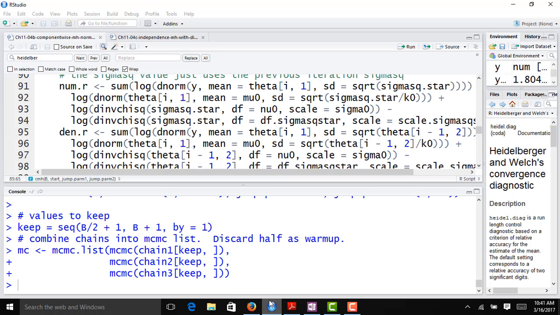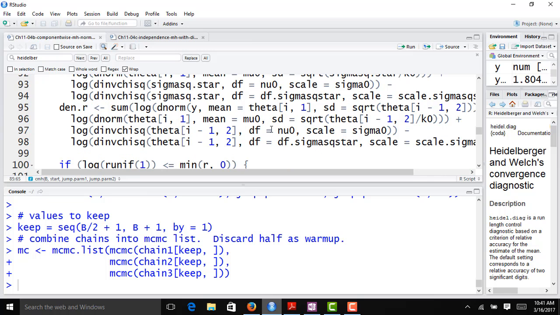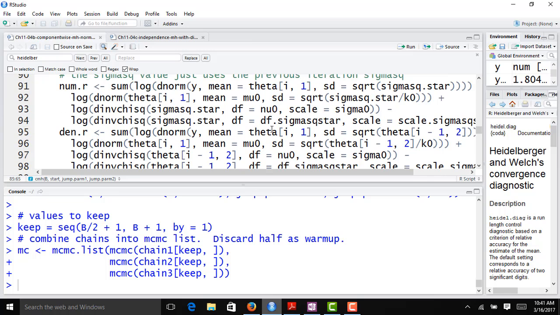So now I can go back to my R code and look at this in more detail. Essentially I'm doing the exact same thing I did for the log acceptance ratio of mu, except that everywhere I had a mu star before, I'm going to replace that with theta i minus 1, which is the mu that I selected for the current iteration of my chain.